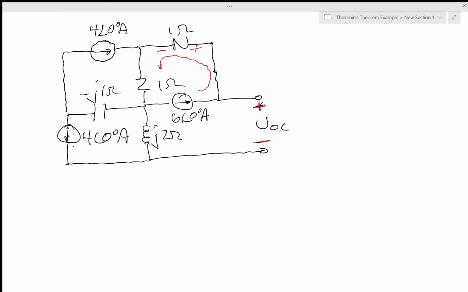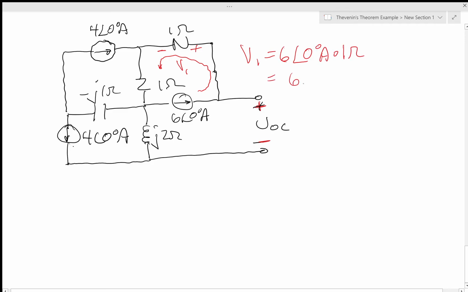So this is going to be V1, and I'm going to solve for V1. V1 equals, notice that the 6 amp source is in the same direction as that voltage drop, 6 angle 0 degree amps times 1 ohm, and that gives me 6 angle 0 degree volts.